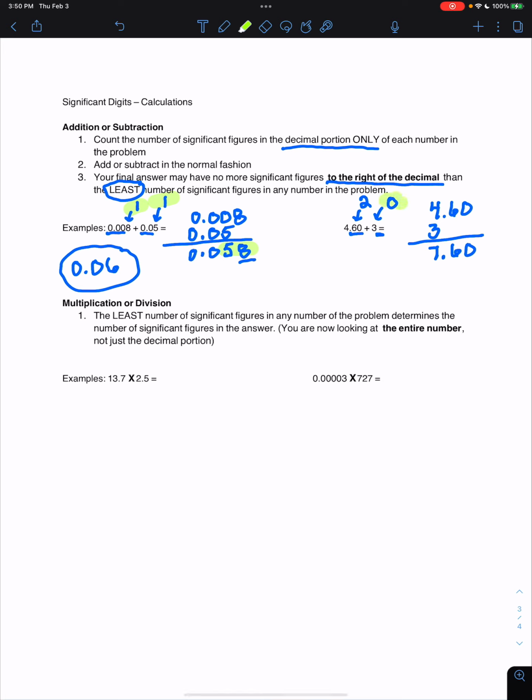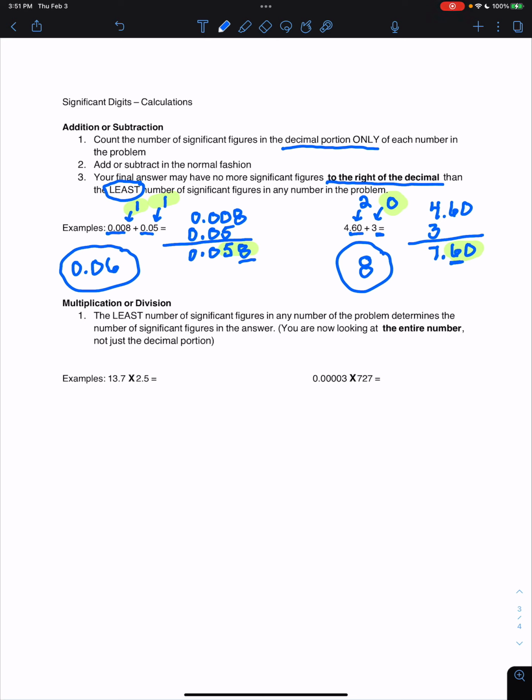Our least number of significant figures is 0, so we need to have 0 significant figures in the decimal portion. To do that, we again have to round our number. Because we have a 6 here, we're going to round up, and our final answer is going to be 8.